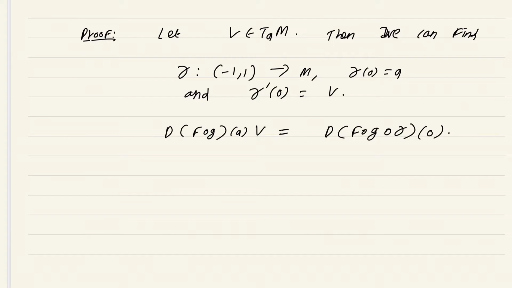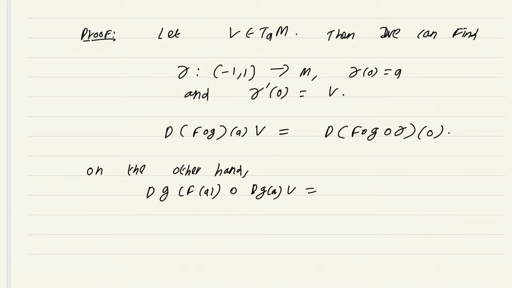Okay, now on the other hand, again applying this exercise, we know that DF at G of A composed with DG at A applied to V. I apply this exercise that the push forward of the velocity vector is nothing but the derivative of the composition of the curve with the function.